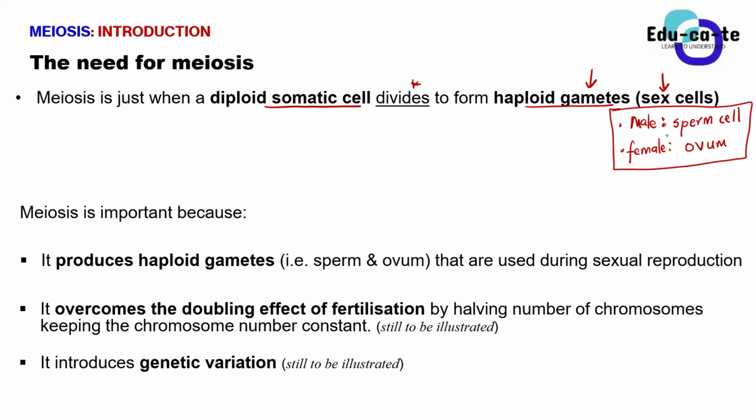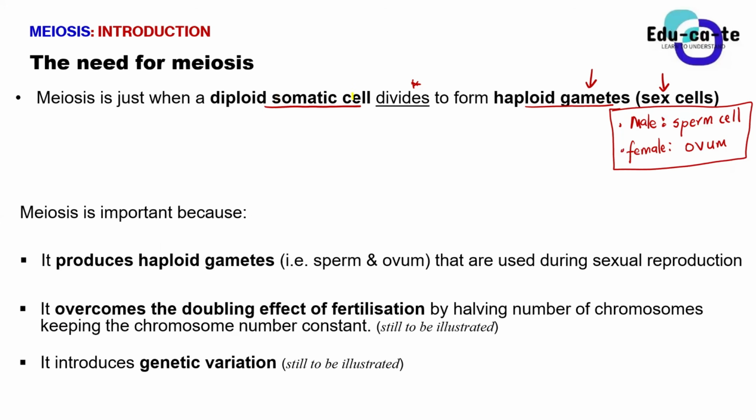But where do they come from all of a sudden? Now I have turned 13 years old, now my body is starting to produce sperm cells. Where are these sperm cells coming from? It is actually the somatic cells that are dividing.